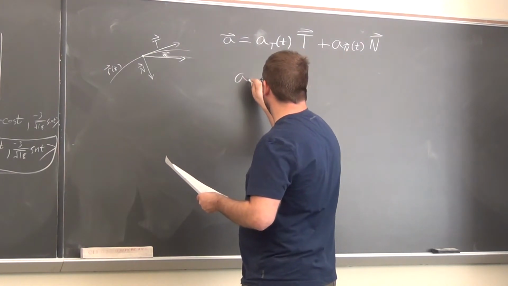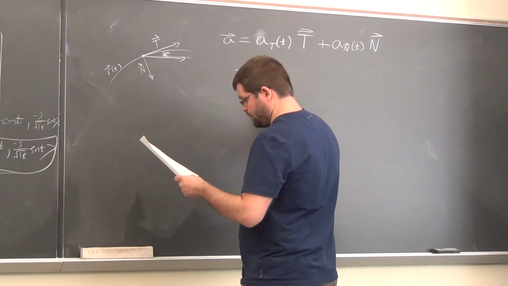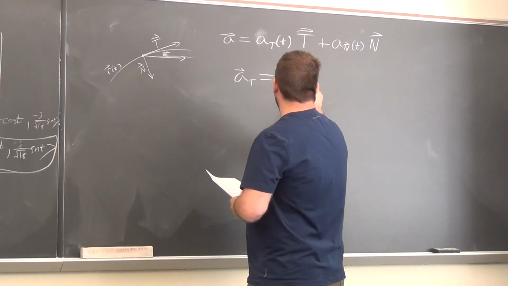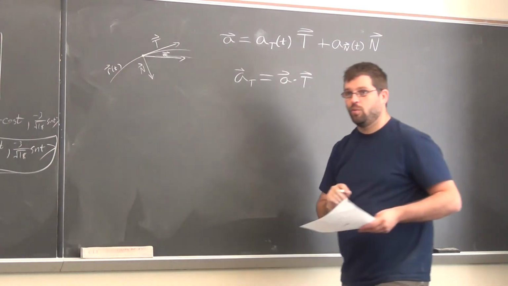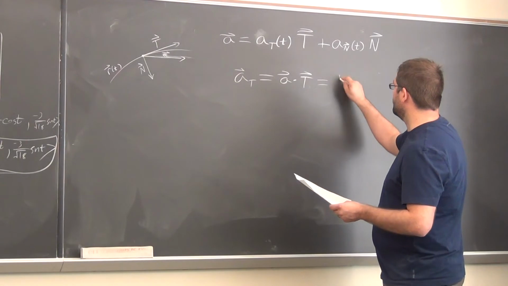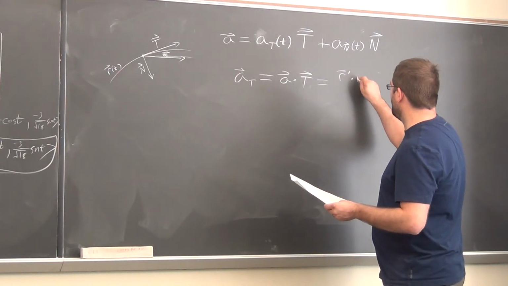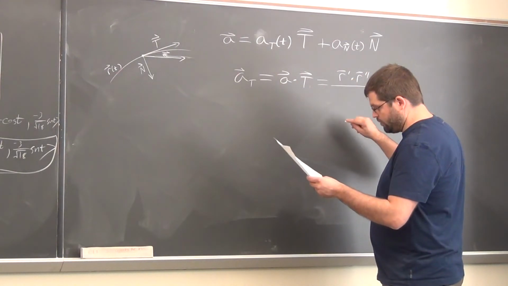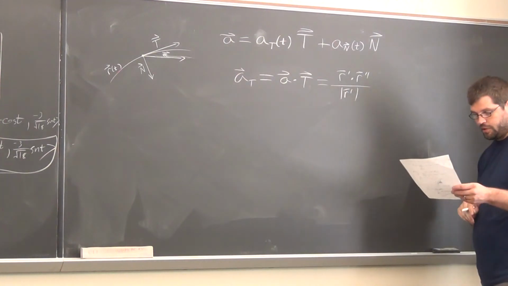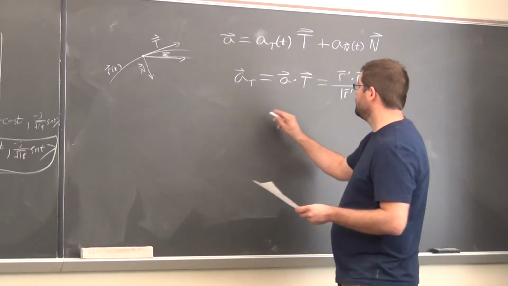So a sub t should just be acceleration dotted with your tangent, and if you just look at what that turns out to be, it's the dot product of your first and second derivatives over the magnitude of your first derivative. Okay? Hopefully I wrote these down right.